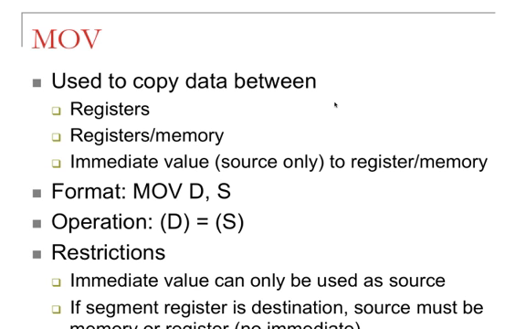We'll see later in the example that because of certain design artifacts in the x86 processors, if you want to copy a value to a segment register, for example, DS, CS, you have to use another register, and most often we use AX to do this data transfer instead of using the immediate value directly.